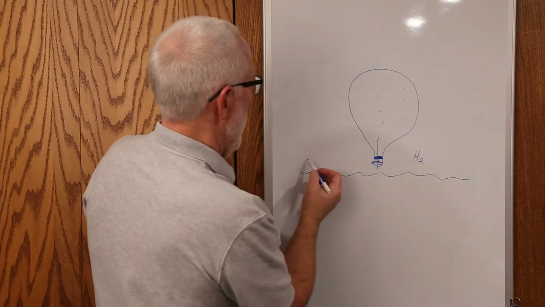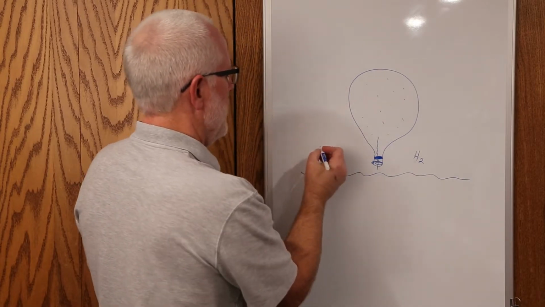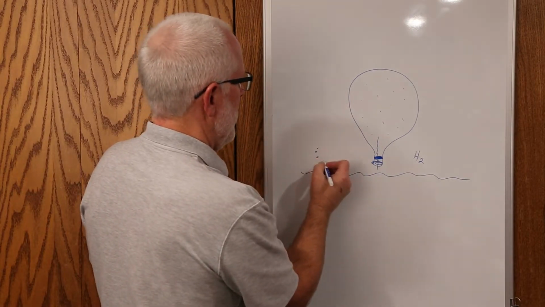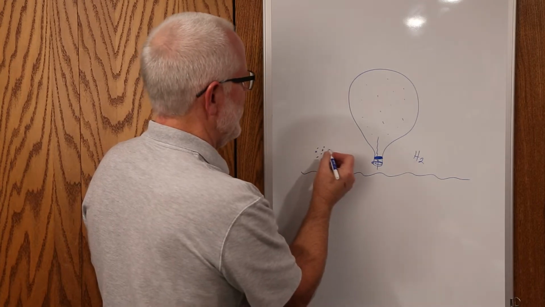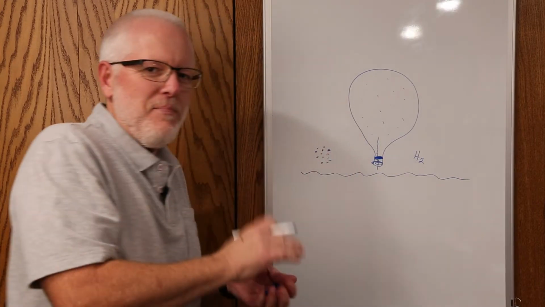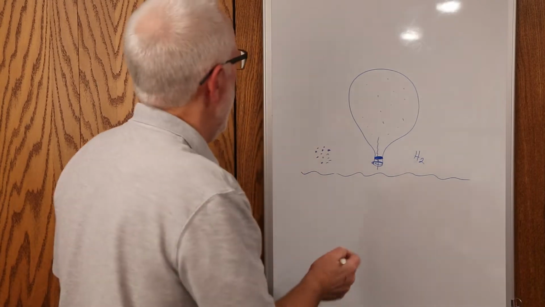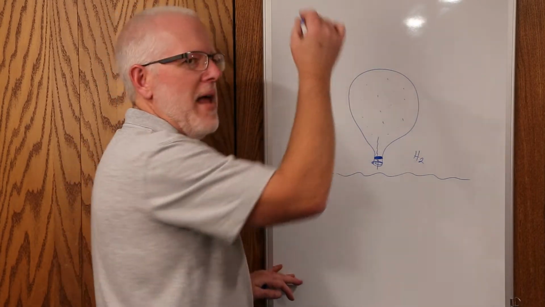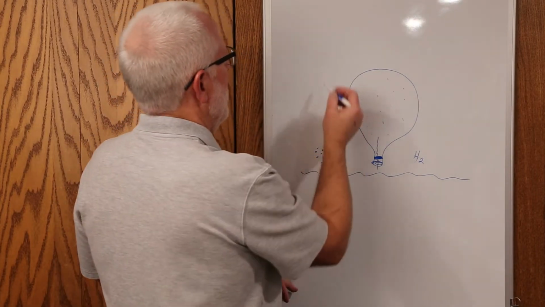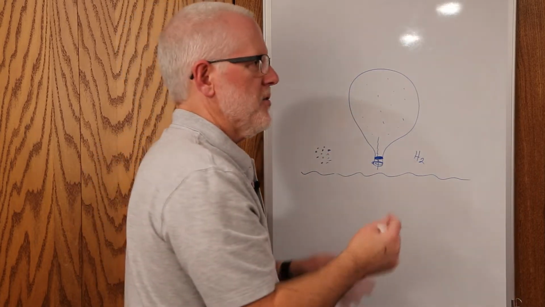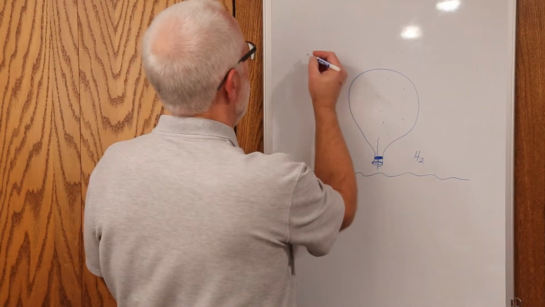Now, on the ground, air molecules, for the sake of this argument, are all tightly packed together. Let's say they're packed together like a snowball. But the higher you go in altitude, the less dense they are. So they start to expand. They take up more space.